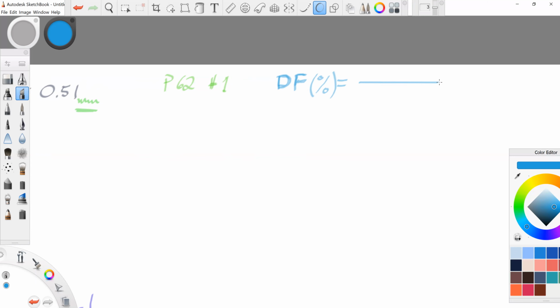It is the percentage of time talking. So we're going to put talking time, pulse duration, divided by the pulse repetition period. Let's draw something else really quick.